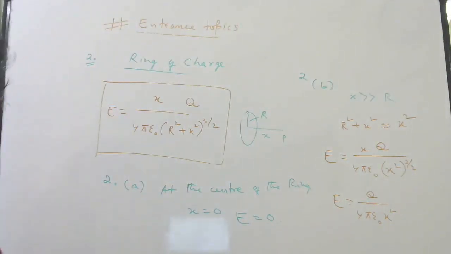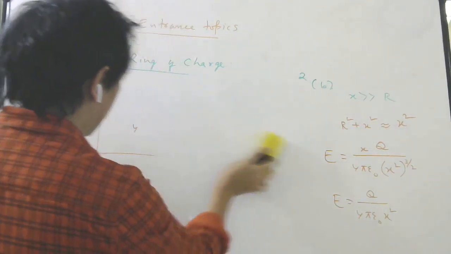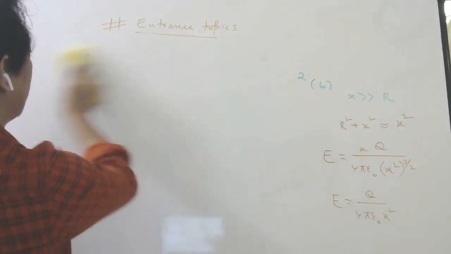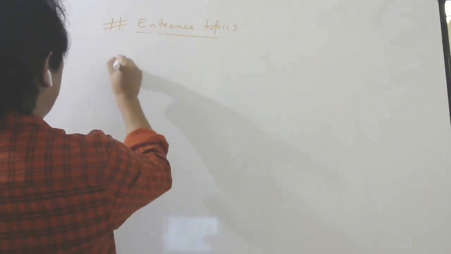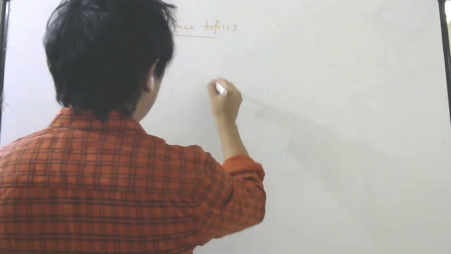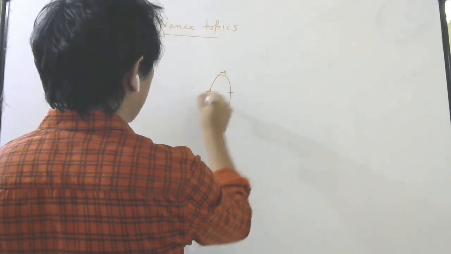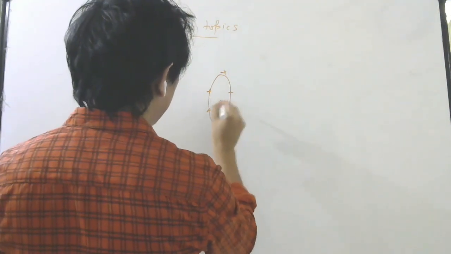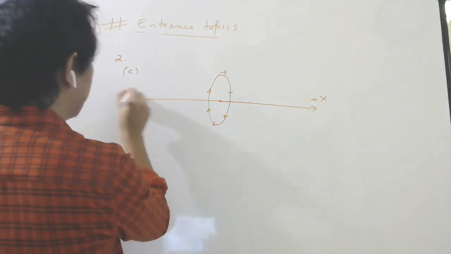Okay. Now let us try to draw a graph to show the variation of electric field along the axis of a ring of charge. So this is 2 part C. So I have given you a ring and there is charge on the ring, and this is x equal to 0 point, this is positive x, this is negative x.